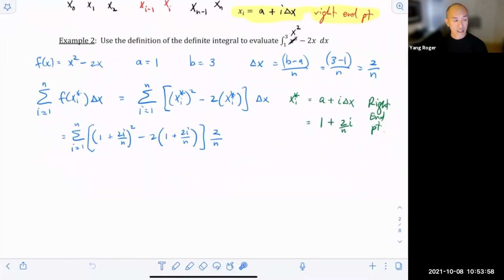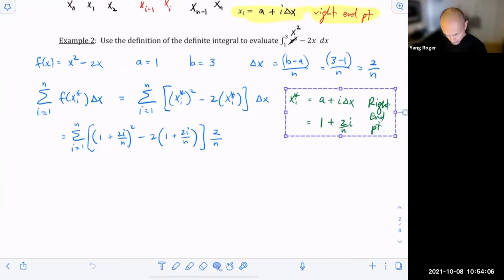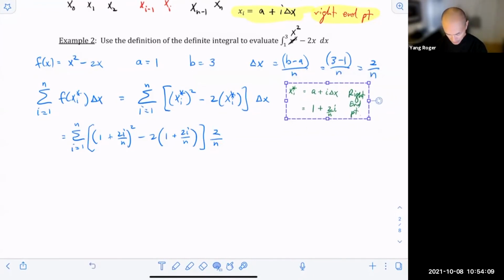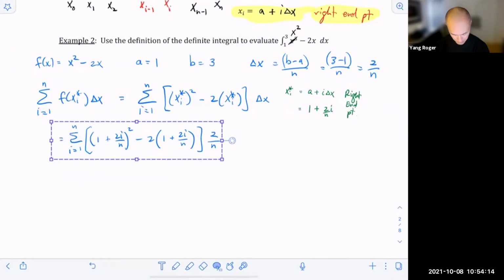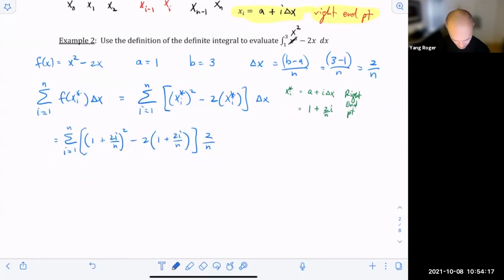So I've got to expand all this stuff out. So this guy is going to become the summation as i goes from 1 to n. I need to multiply all those things out in the square bracket. This might be kind of long, so let's move it here.